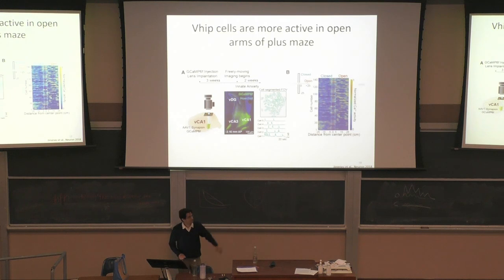This is only CA1. Well, why is there fluorescence? Oh, that's because even if you inject the virus in CA1, the cell bodies at CA1 take up the virus. The cells have all these axonal projections that go to various places, and those would become green also. But the imaging was done where the cell bodies are, which was the CA1.